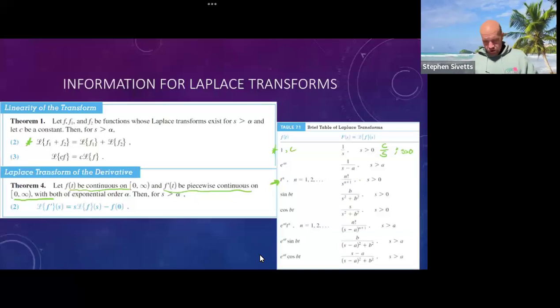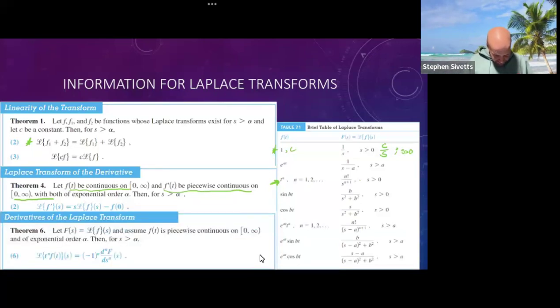Usually when you're using Laplace transforms to solve a differential equation, you're given an initial condition, for x equals 0.